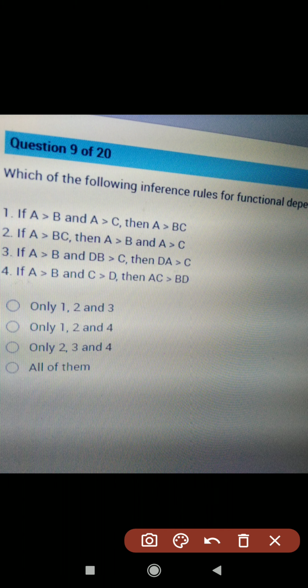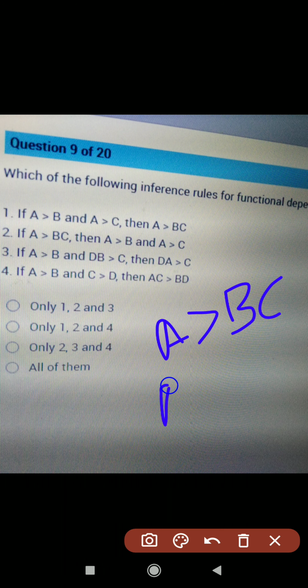If A is greater than BC, then A will be greater than B and A will be greater than C. So this is true because if A is greater than B into C, then obviously A will be greater than B, because when I multiply B with C at that time also A is greater than them.